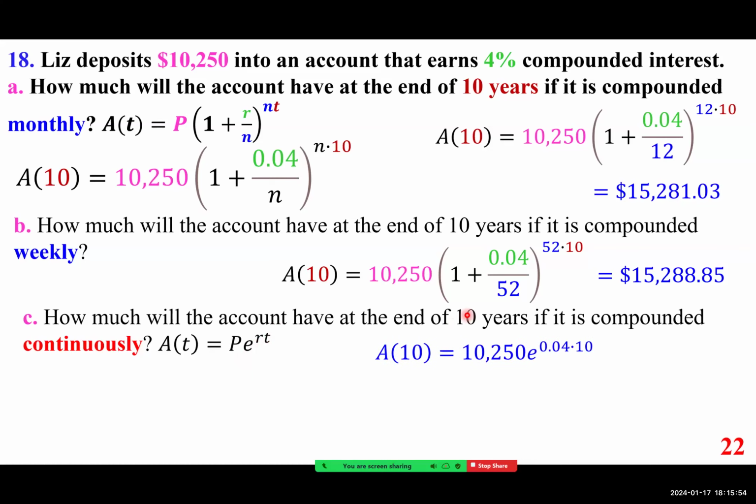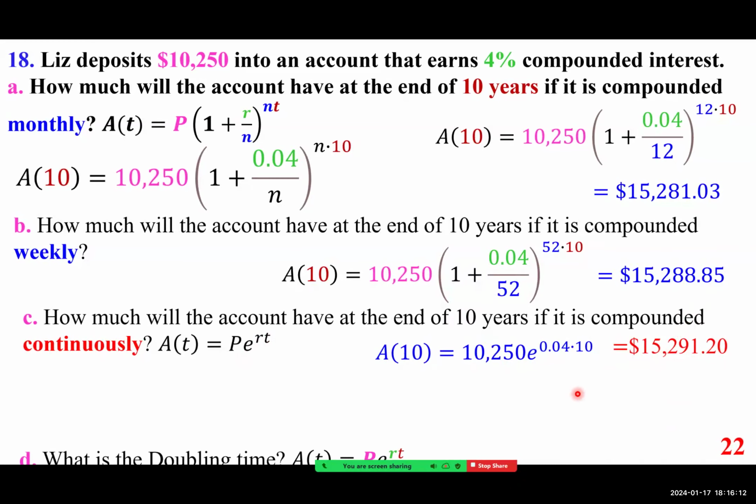And of course, this would be 10,250 times e to the power of 0.4, which gives us $15,291.20. As you can see, this is larger than that because it's compounded indefinitely.